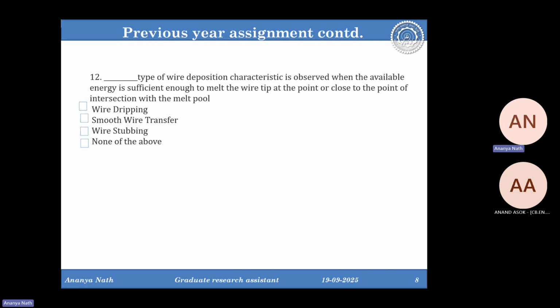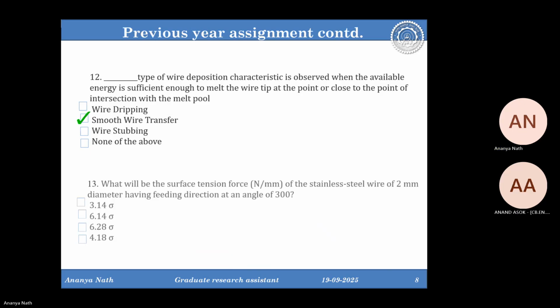The type of wire deposition characteristics observed when the available energy is sufficient to melt the wire tip is the smooth wire transfer. That is what we are trying to achieve in any wire metal transfer process.